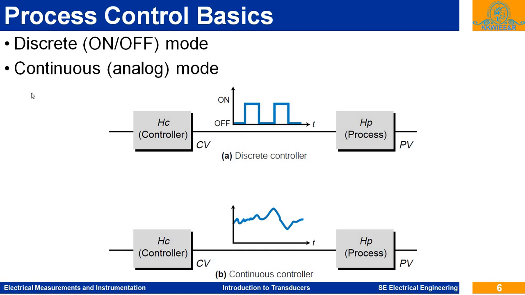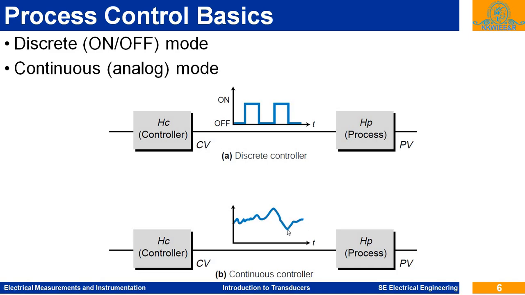The second type of output of this feedback is continuous or analog. Okay, so with the change in time, or with the increment in time, your output changes continuously.